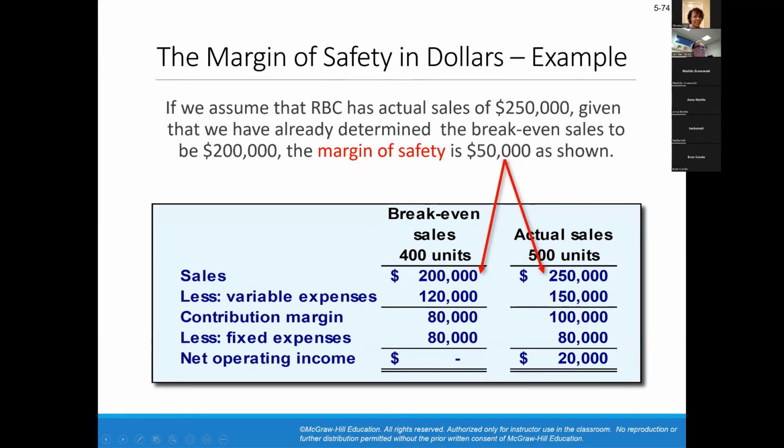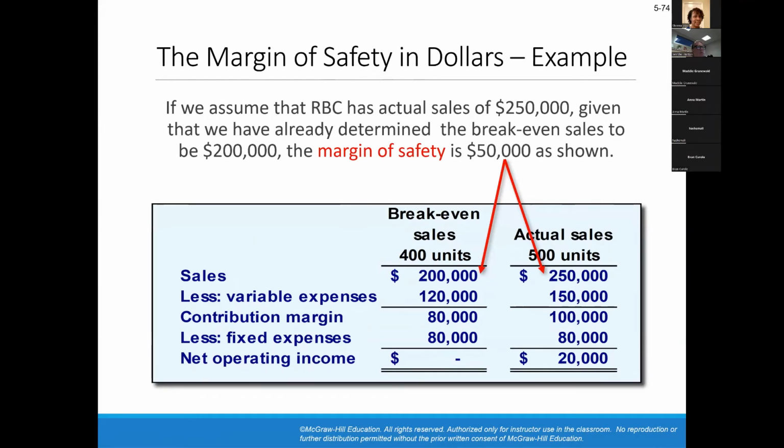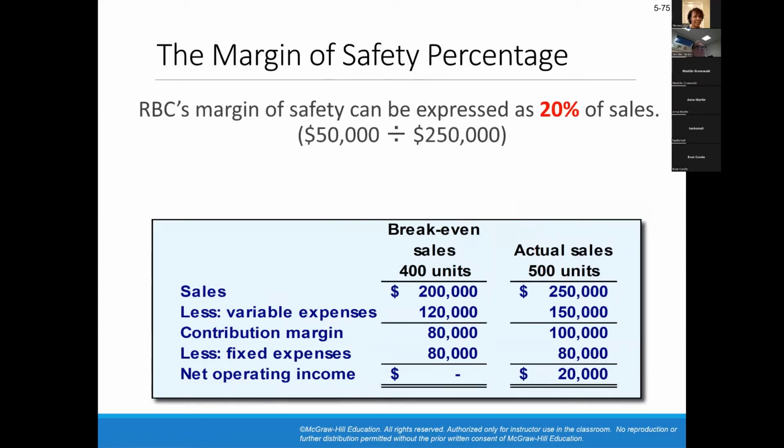The difference between our sale price and the break-even sales. Okay. So when we sell 500, we now have a total sales of 250,000, and we deduct our break-even sales, which is 200,000. So that margin of safety is 50,000.